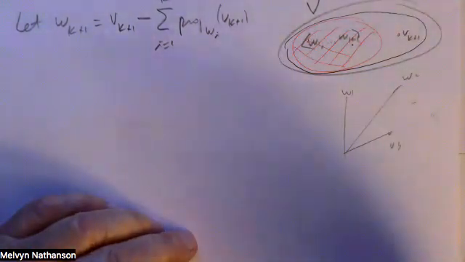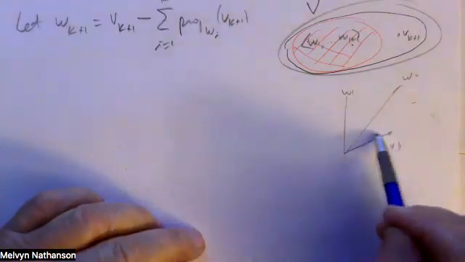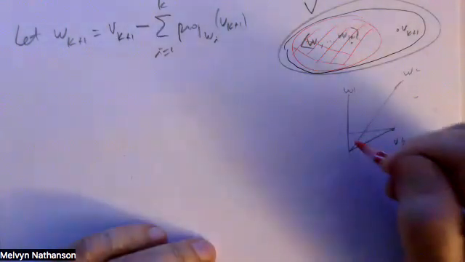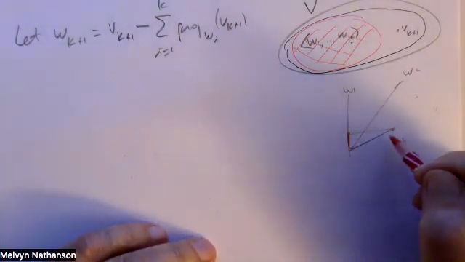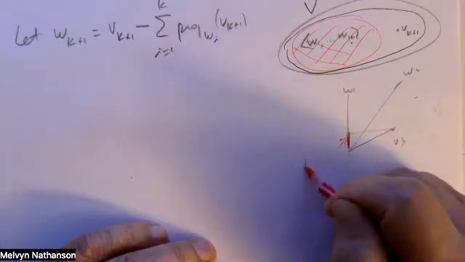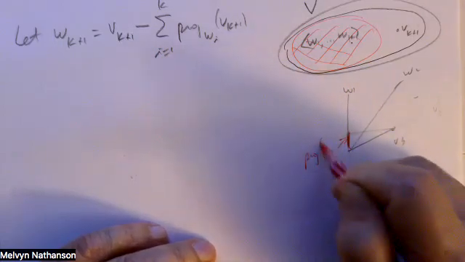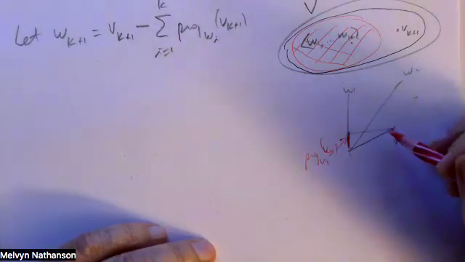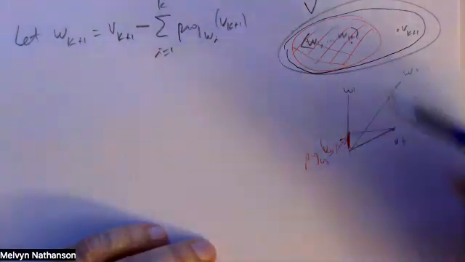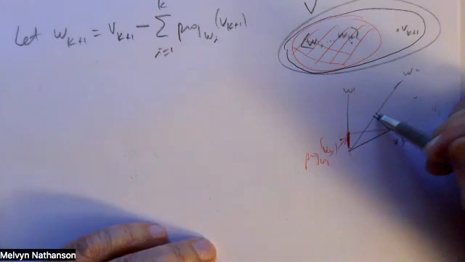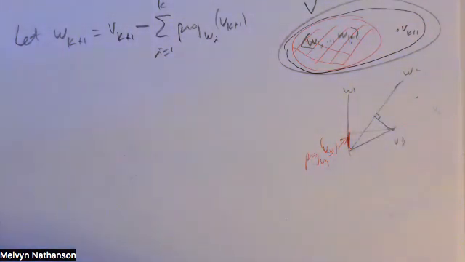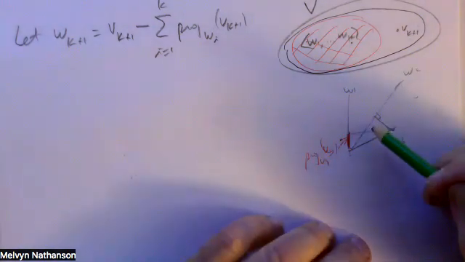So what is the projection of v3 on w1? It's this. So this is the projection of v3 on w1. And the projection of v3 on w2, that's this.